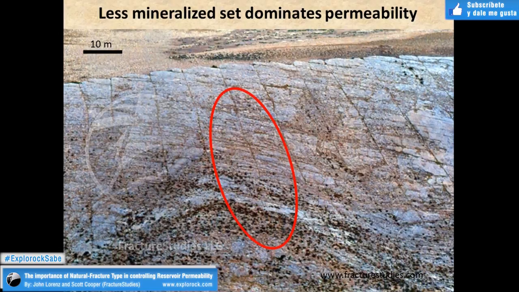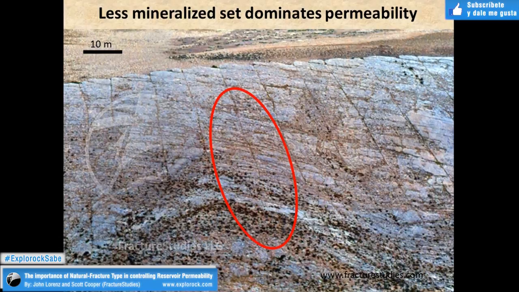In other cases, we need to be thinking of what the stresses are like in the subsurface and how they may interact with our natural fracture system. So if our set of fractures is actually parallel to the maximum horizontal compressive stress, a couple of things are going to happen here.